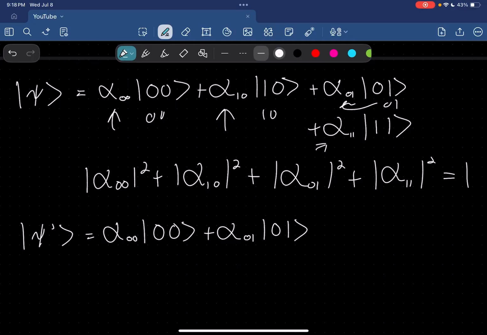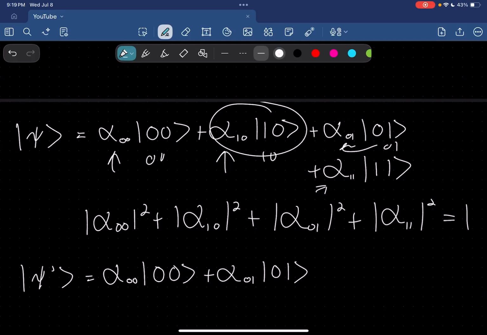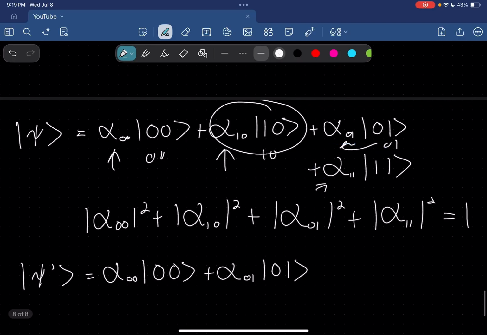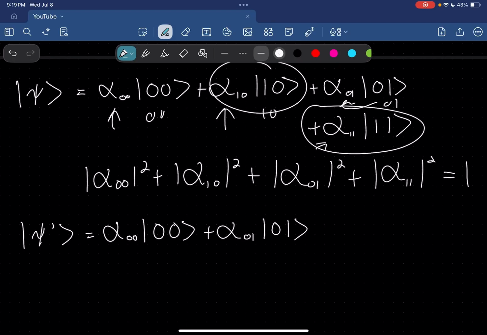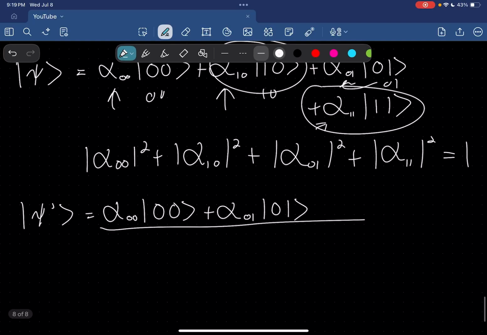because if we measure it as 0, that eliminates the world where the first qubit was a 1. So that eliminates this one and this one. That eliminates those two possibilities. But these are still probabilities, so we have to renormalize them because the mod squares of these amplitudes have to equal 1.